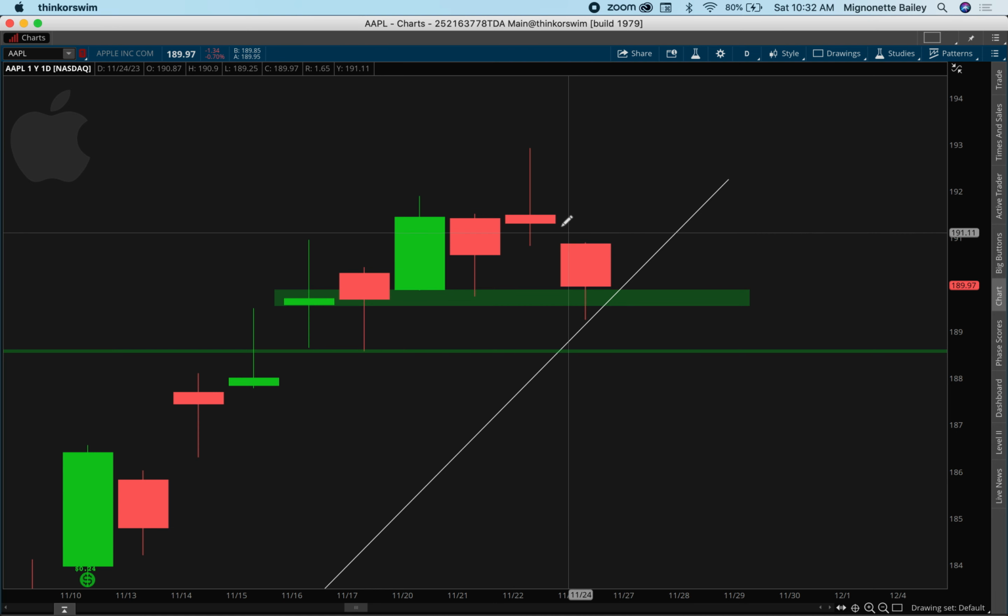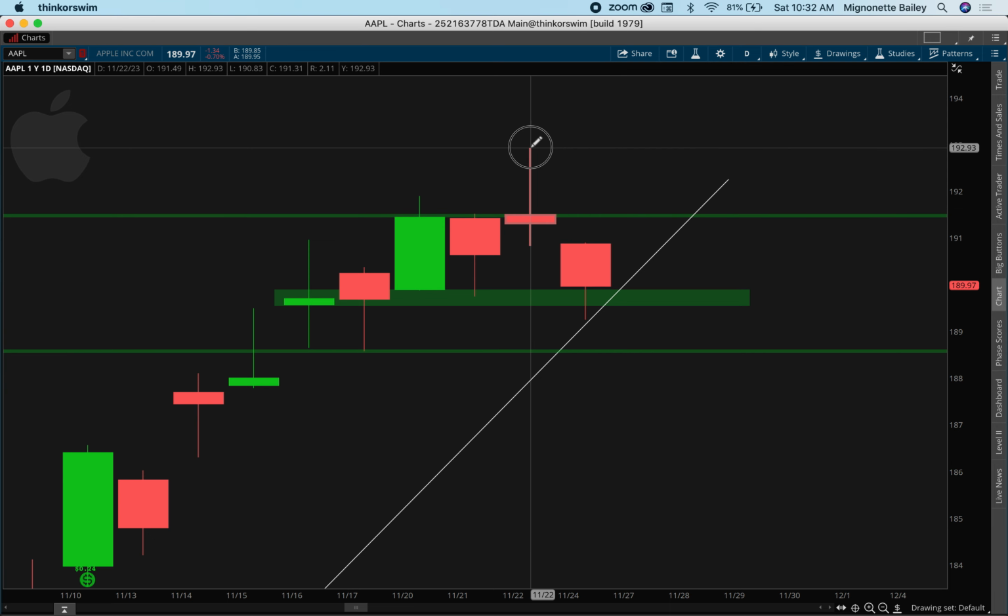Now for resistance, I would be marking this as resistance, because the top of this candle, the top of this body, the top of this body, they're all right there in the same area. So that's my resistance right there. Boom. And then obviously we have resistance up here.